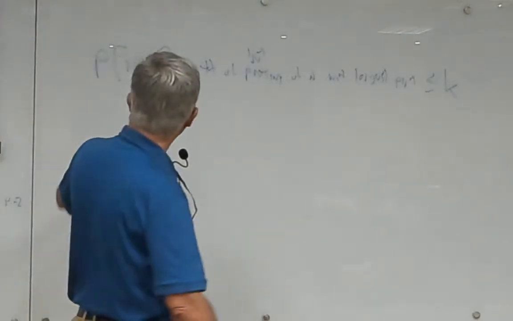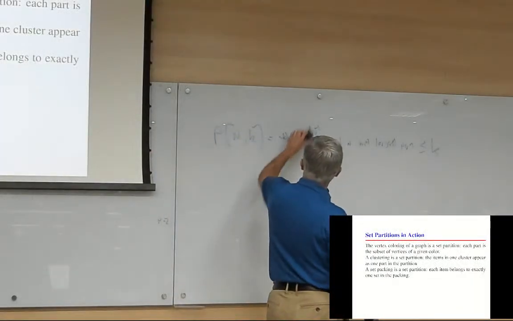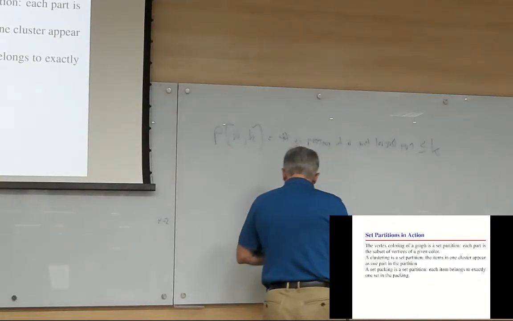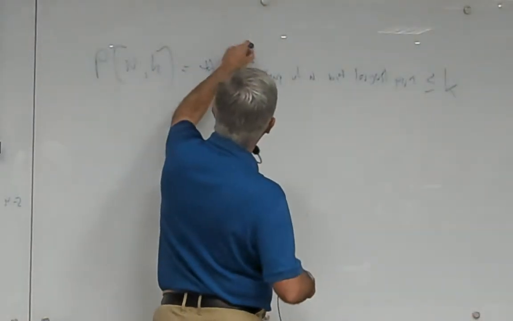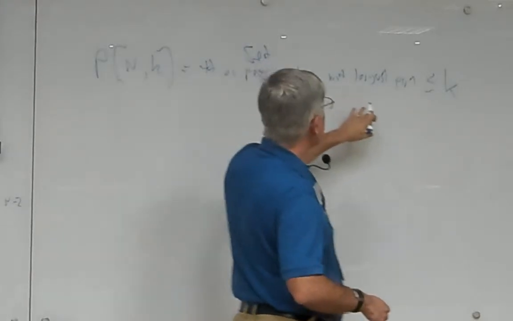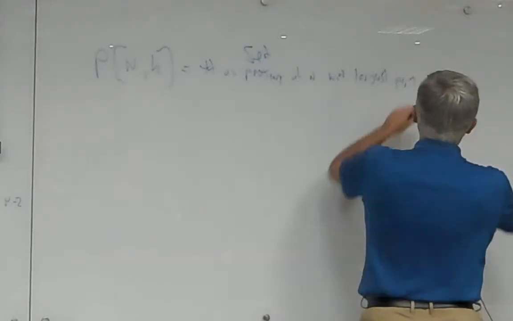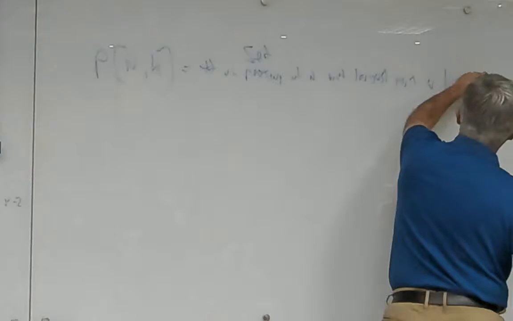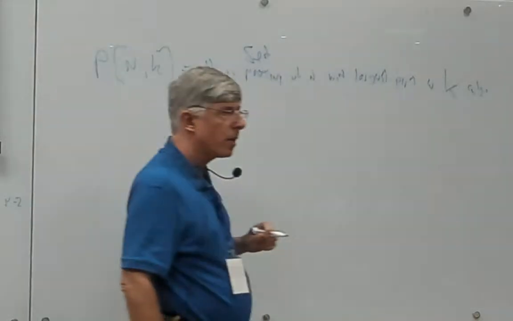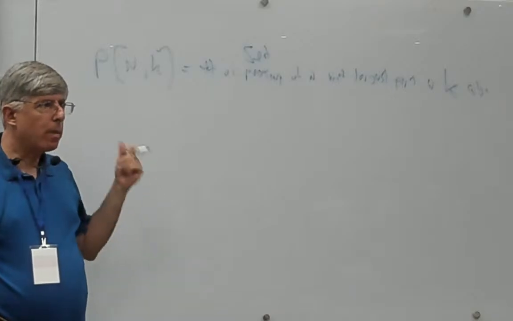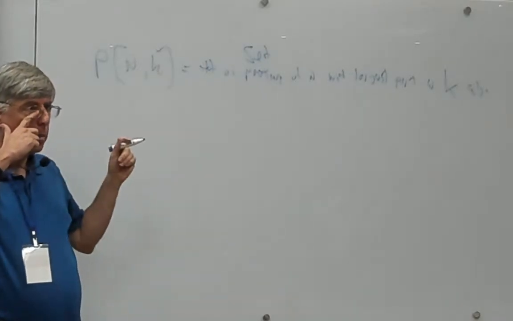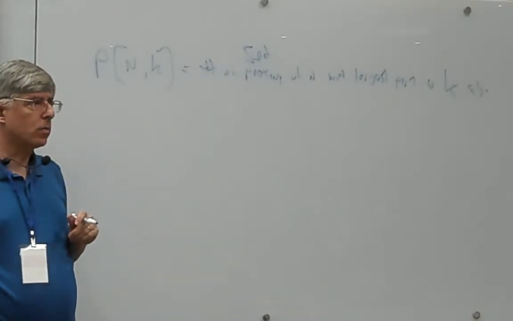How many set partitions are there of n things into k subsets? Okay? So if I give you the numbers 1 through n, how many ways can I partition them into k subsets?